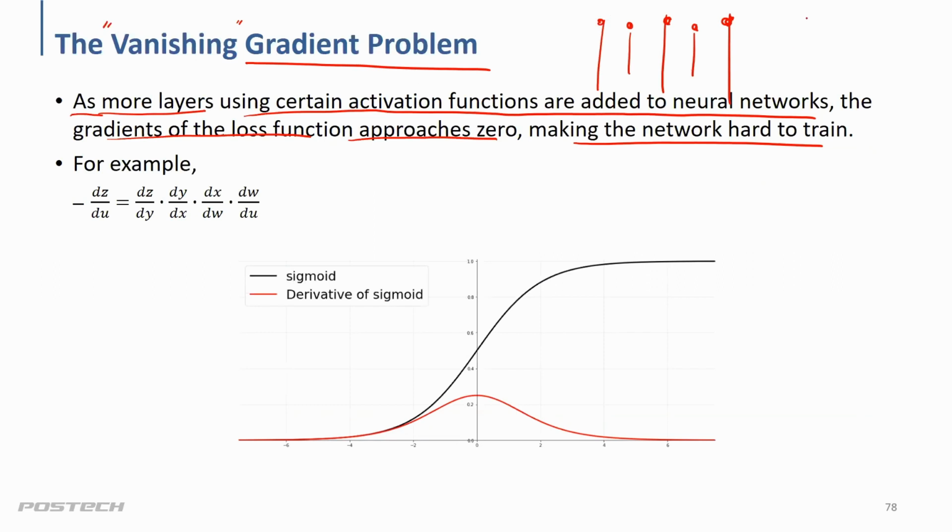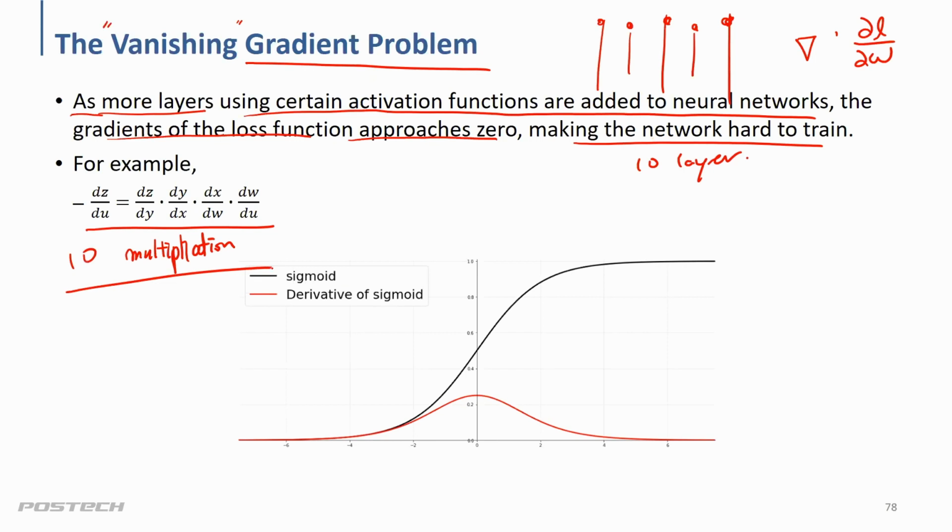So in order to compute the gradient, you have to use the chain rule. It's the backbone of backpropagation. But the problem is that it's multiplications. If we have 10 layers, that means you have to do 10 multiplications.